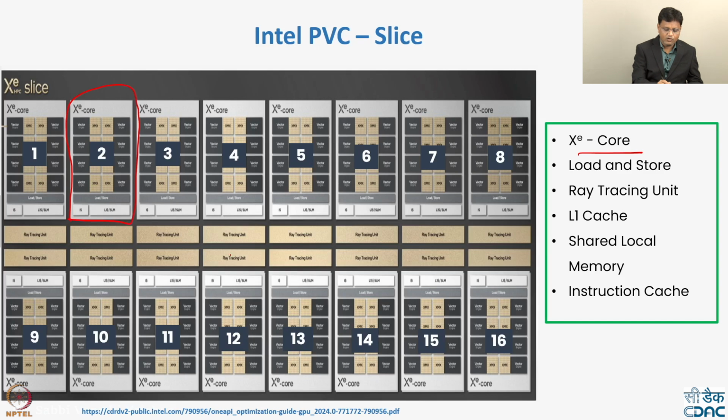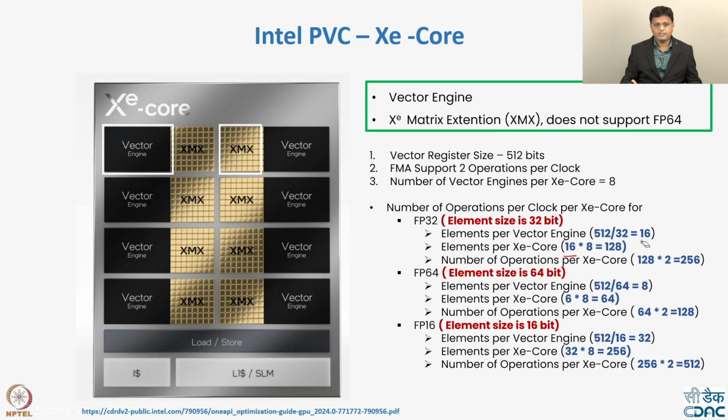Along with that, each has a ray trace unit. The ray trace unit is very useful for graphic workloads, and if you count the XC cores in total, there are 16 XC cores in a chosen PVC GPU. So, let us see what is inside the XC core. Let us discuss the XC core in detail.